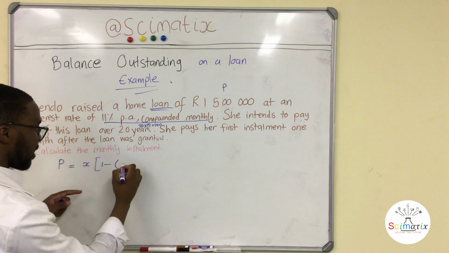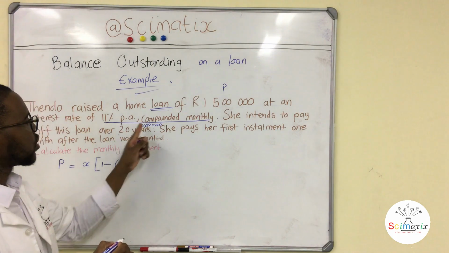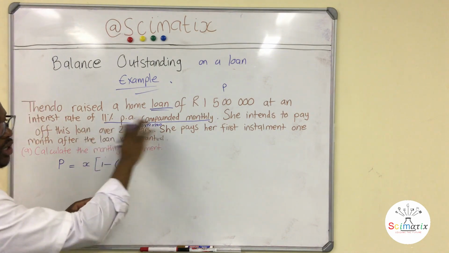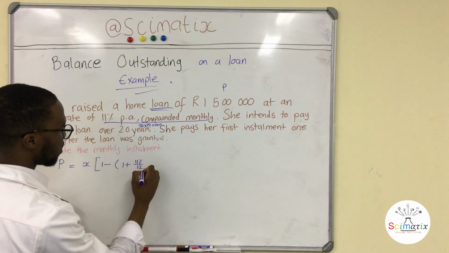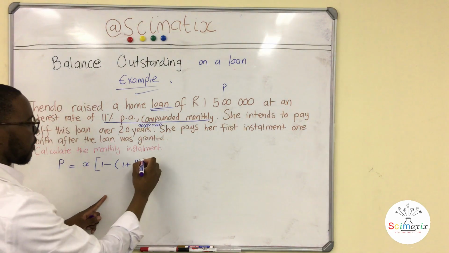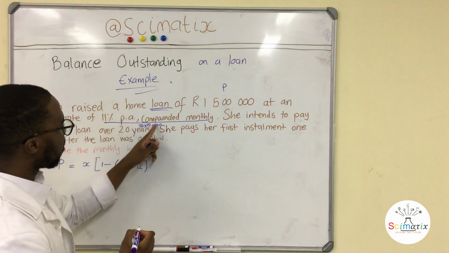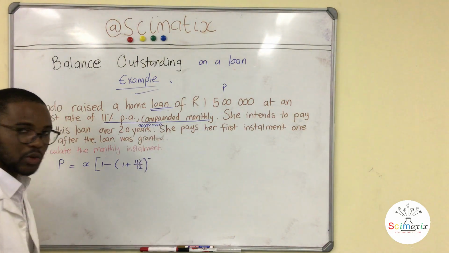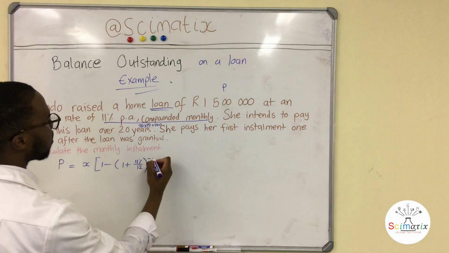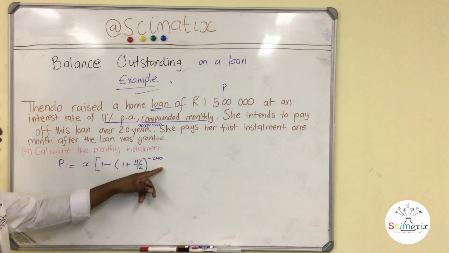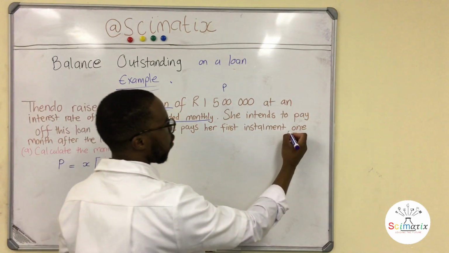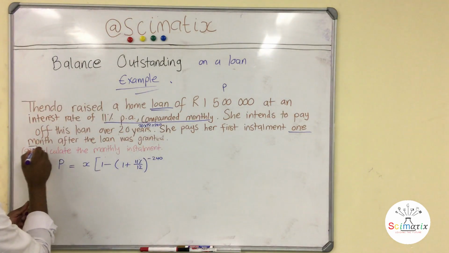Present value is X times 1 minus 1 plus our interest rate here. We had said that it's a nominal interest rate of 11% compounded every month. Over here, to the power of n, we have a negative, you know our formula, right? Negative 240. Nothing changes there because the payment happens 1 month after.